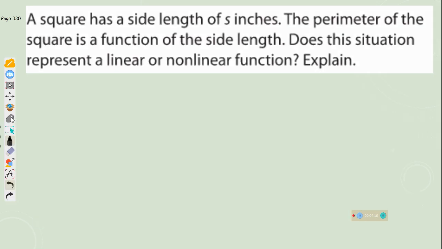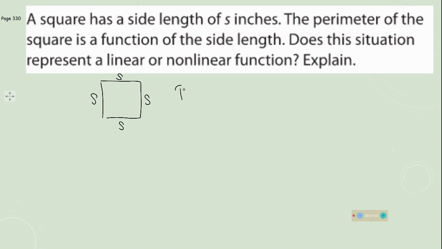Okay, so this example is on page 330. A square has a side length of s inches. The perimeter of the square is a function of the side length. Does this situation represent a linear or a nonlinear function? Explain. So they said a square. We're going to draw a square. Side length is s. And we know that the sides of a square are all the same, so these are all s. Perimeter is the distance around.